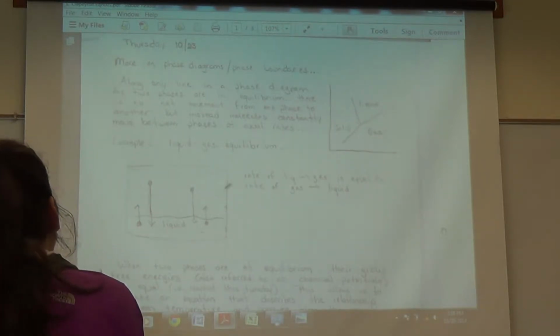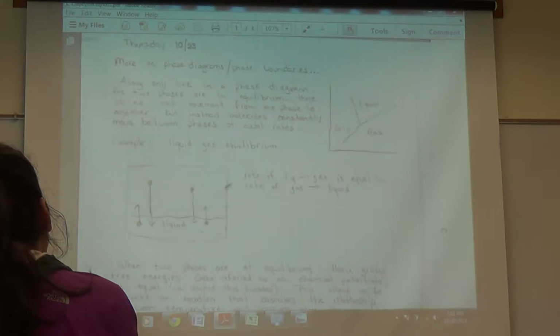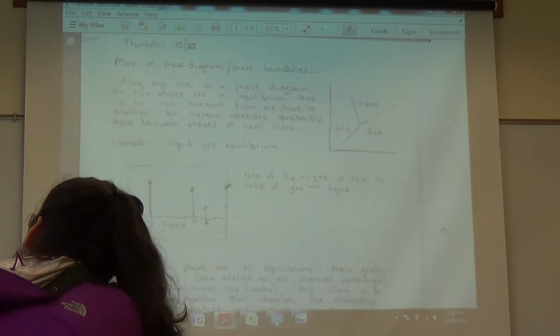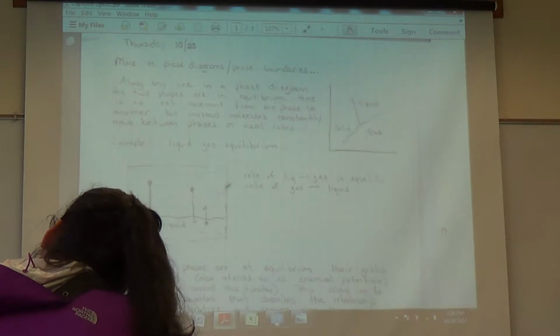So if this is a particular equilibrium position for our liquid, let's redraw this. Let's say we're sitting over here, and there's a plunger, and I've got liquid here, and I've got gas here, and net transfer rates are identical.